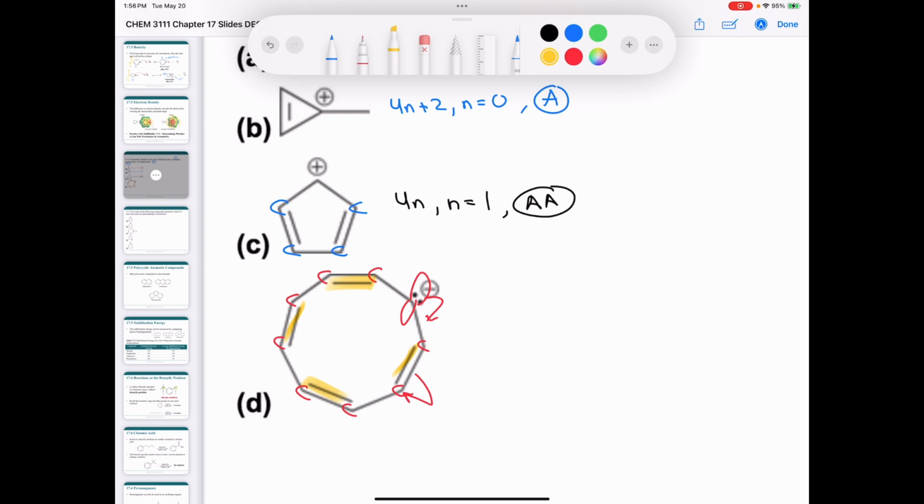How many total pi electrons do we have? Let's tally them up. 1, 2, 3, 4, 5, 6, 7, 8, 9, 10. Is that a Huckel number? The answer is yes. It satisfies 4n plus 2. When n is equal to 2, 2 times 4 is 8, plus 2 gives you 10. And so therefore this anion would be aromatic.